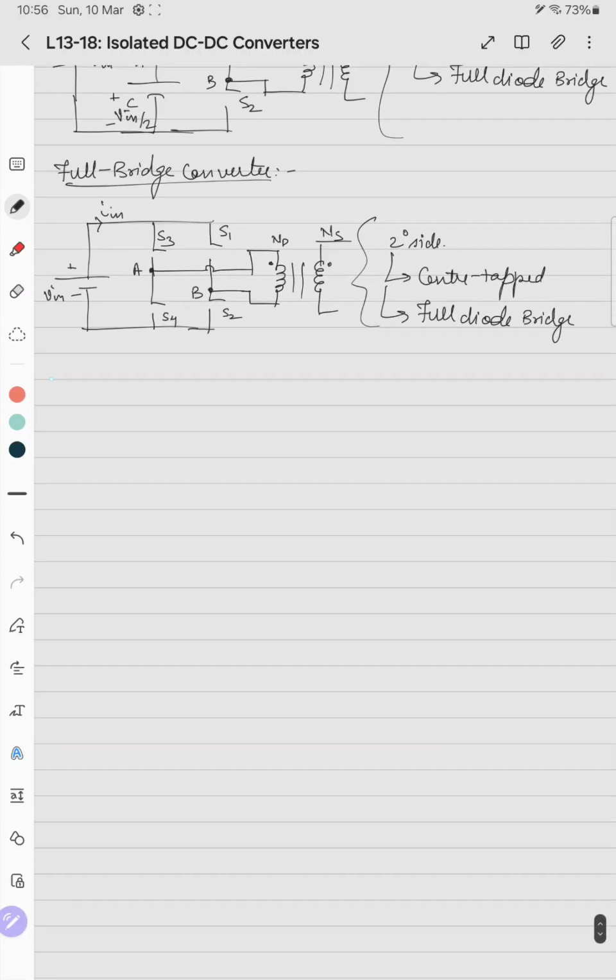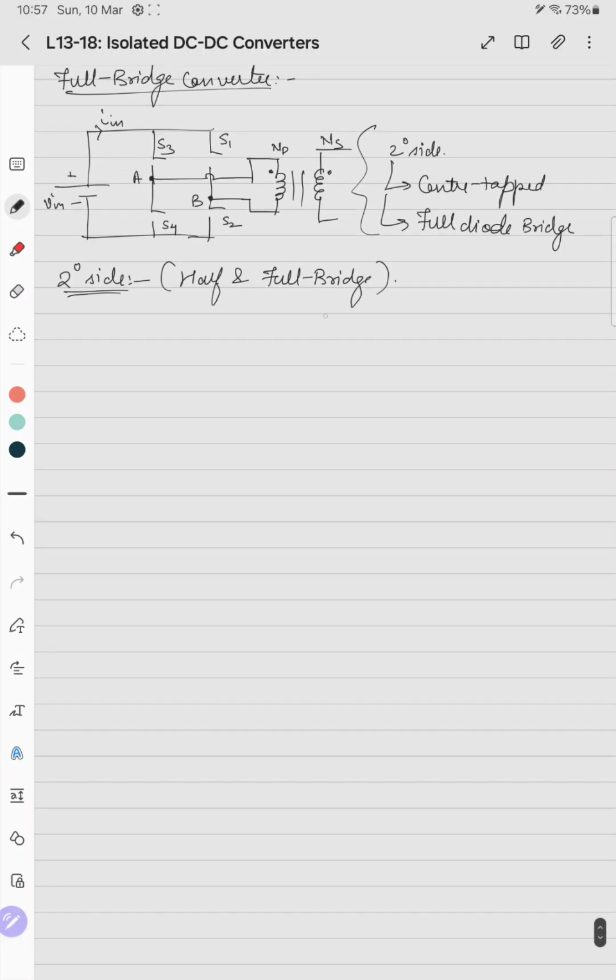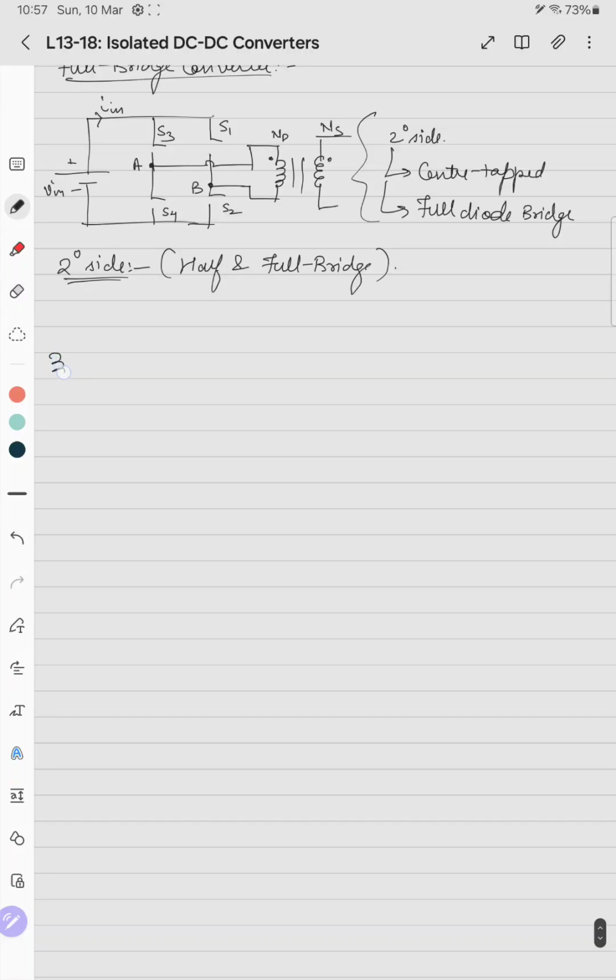So I'll draw the secondary side. The secondary side of both the half and the full bridge is, so this is the secondary winding NS, and we have these 2 diodes.